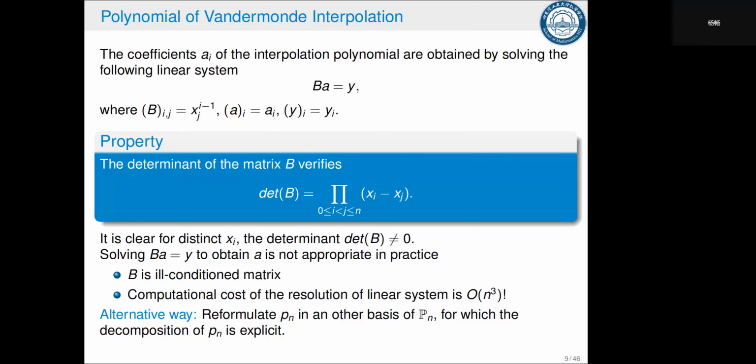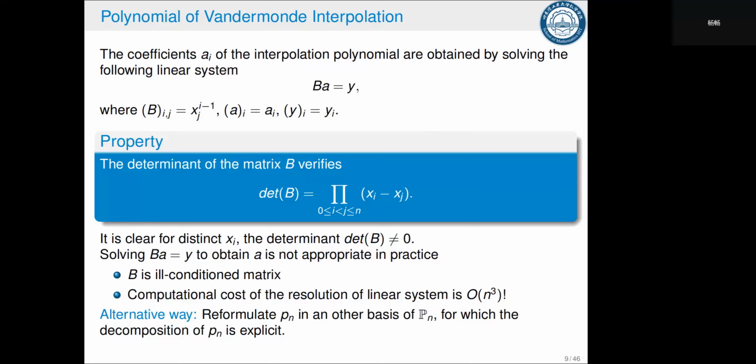So, do we have some better way to find such a polynomial without solving a linear system? The answer is yes.